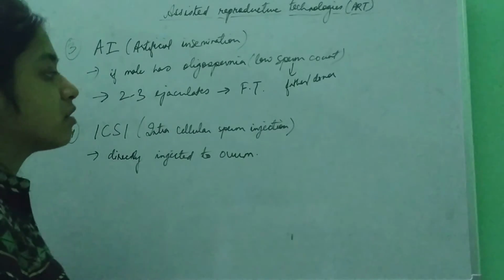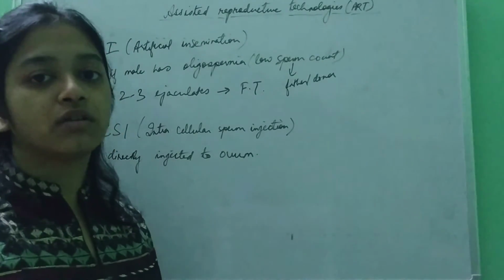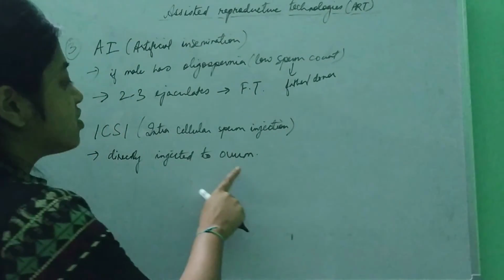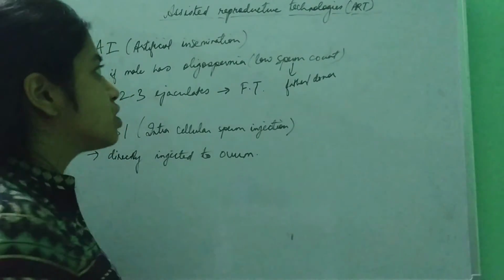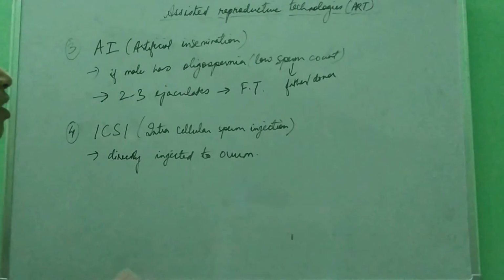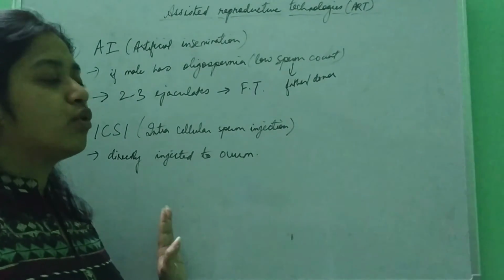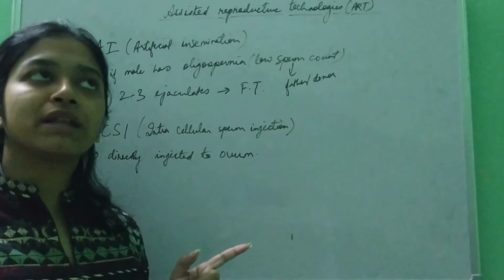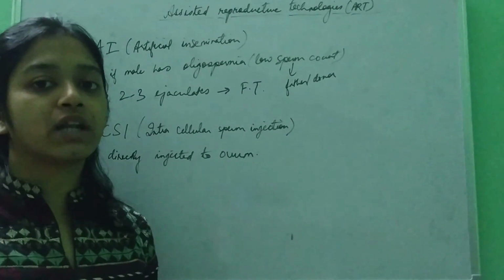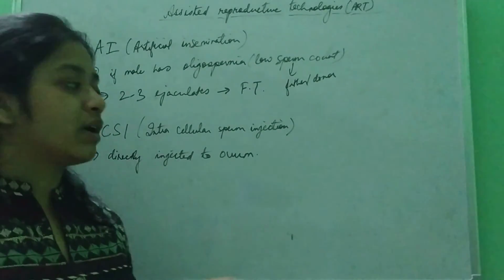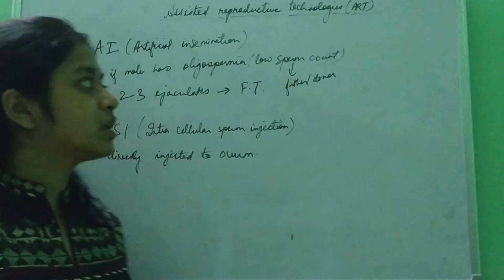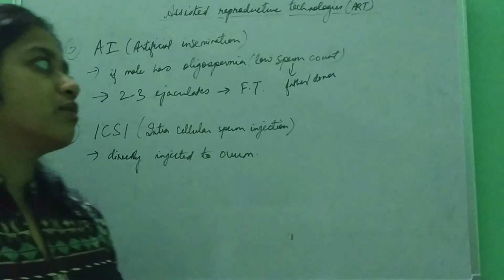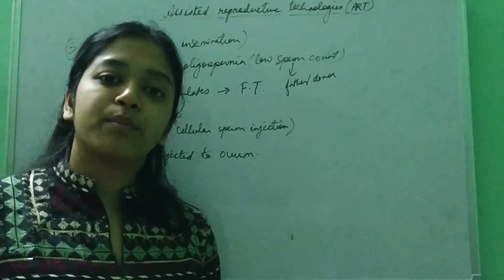If the sperm is not able to fuse with the egg, it is directly injected into the ovum, and the rest of the process is natural. Fertilization is done. So in assisted reproductive technology, you have to know these 4 methods. The test tube baby method, you can also call it in vitro fertilization, IVF, because the fertilization is in vitro. So with this, we come to the end of the chapter, reproductive health.